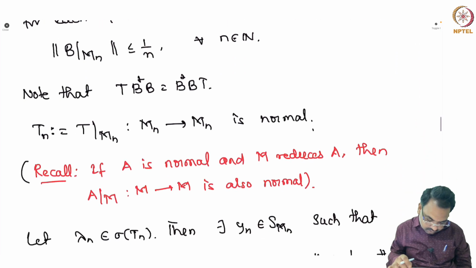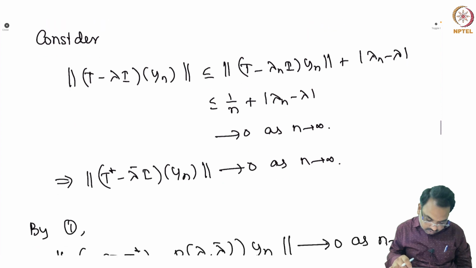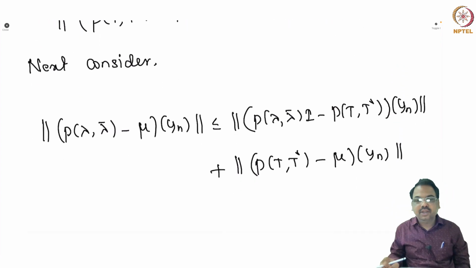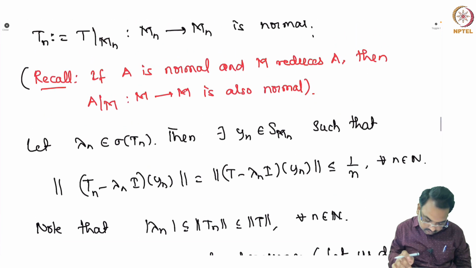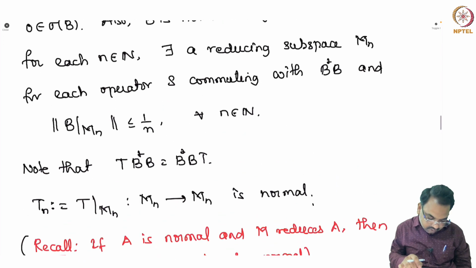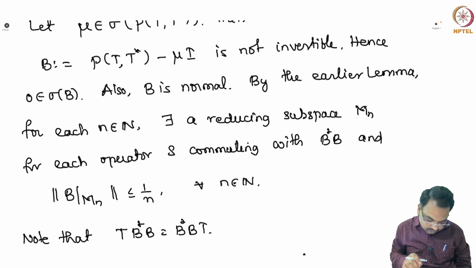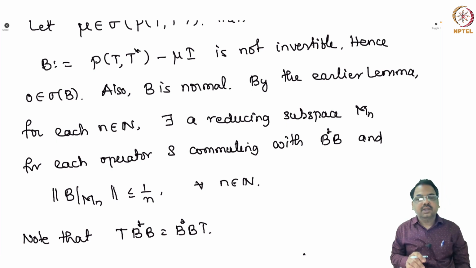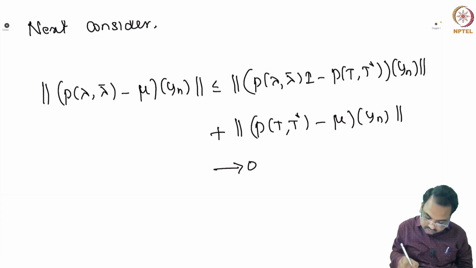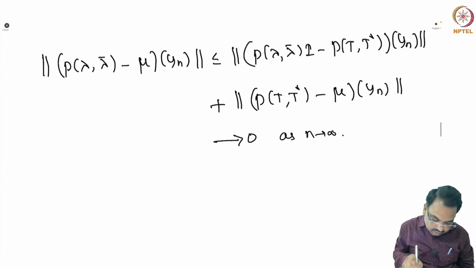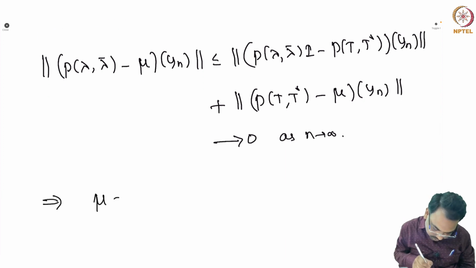So we can show that (p(T star) minus mu) y_n also converges to 0, because the way we have chosen, the y_n are coming from the unit sphere of M_n, and we know that norm of B restricted to M_n is less than or equal to 1 by n. Now y_n is coming from M_n, so norm of B y_n is less than or equal to 1 by n. Hence we can say that the second term also goes to 0 as n goes to infinity. So from this we can say that mu is nothing but p(lambda bar).